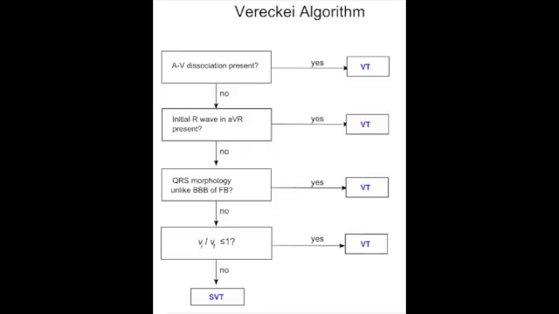Vereckei has a shorter algorithm published in 2007 with 4 main questions. The problem is this fourth one is the Vi to Vt ratio being less than 1.